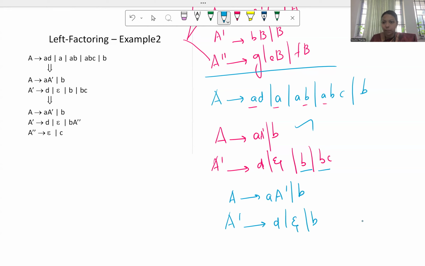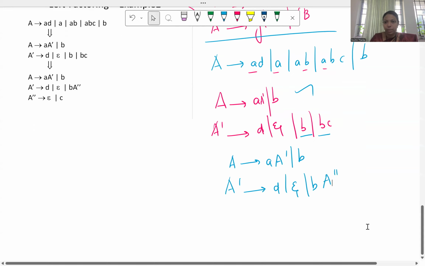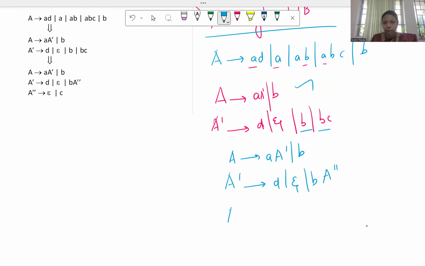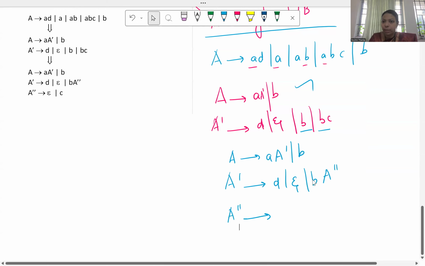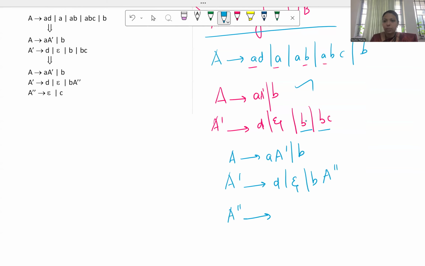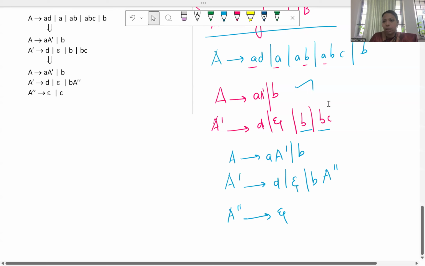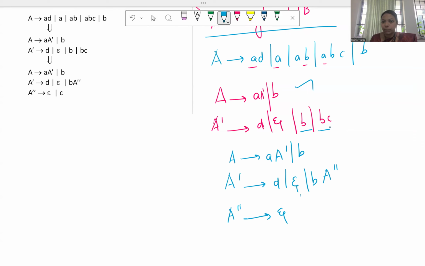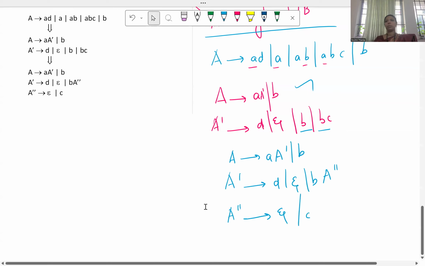Now the common term is b, so I introduce a new non-terminal A double dash. Now what is A double dash? Here when I take b as common, nothing is there, so that is represented as epsilon. And here when I take b as common, what is left over is c. So this is my new context-free grammar.